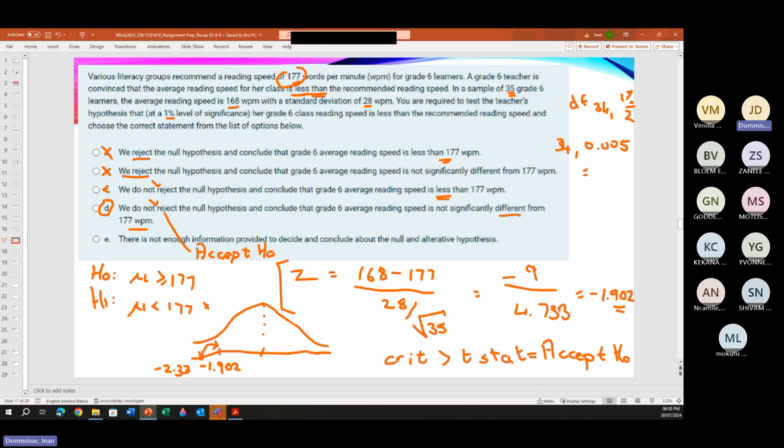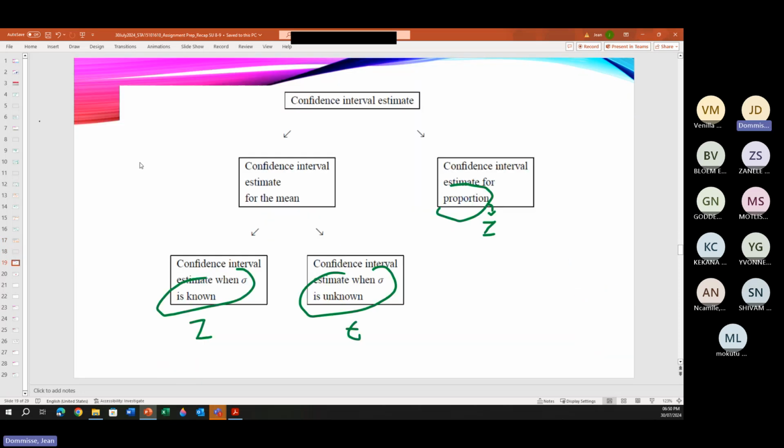Okay, so hypothesis testing, and confidence interval. Let's quickly look at confidence interval.